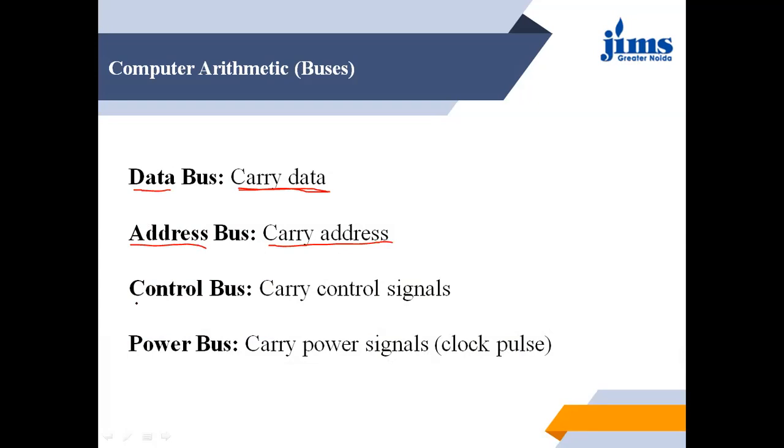The control bus is used to control the whole process of computer, so it carries control signals. And the last bus, that is power bus, is used to carry the power signal.